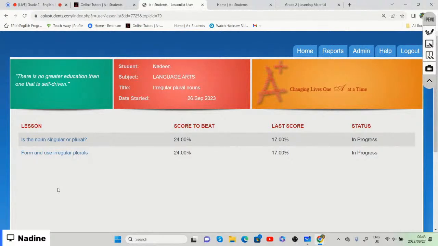So we went over the lessons of is a noun singular or plural, and we were able to identify if the nouns were either singular or plural, as well as use regular plurals. All right, so that is irregular plural nouns so far.